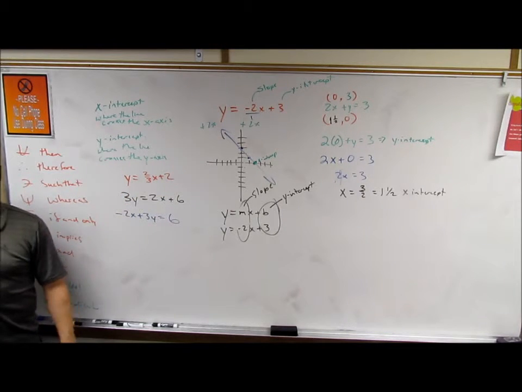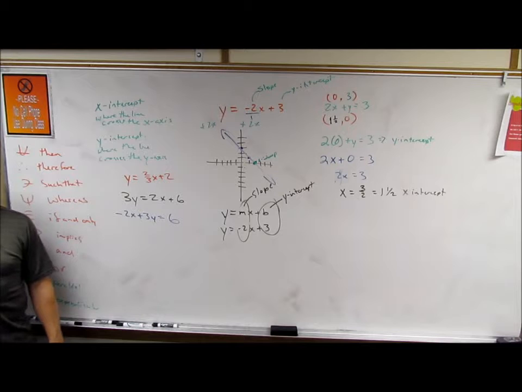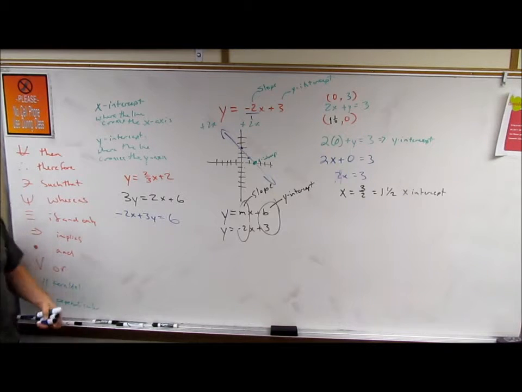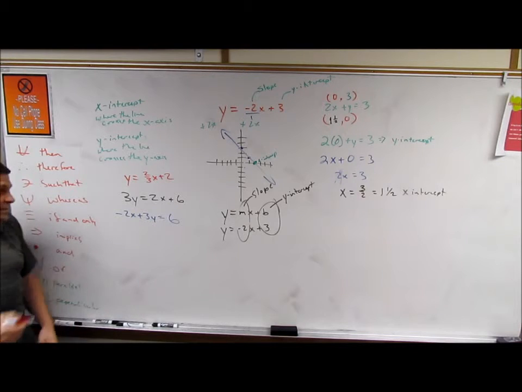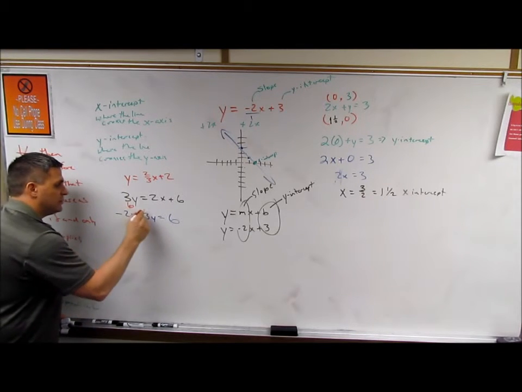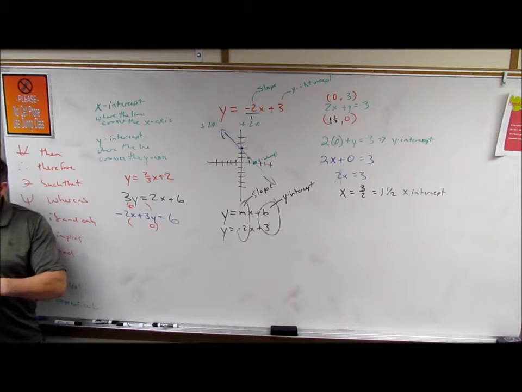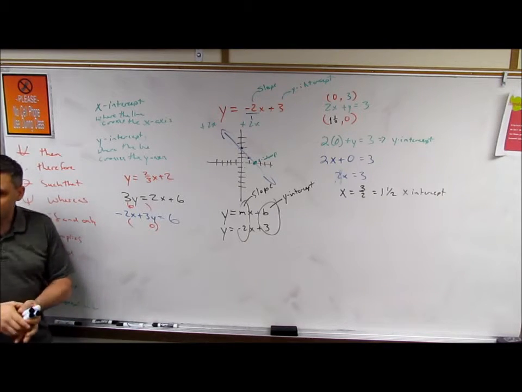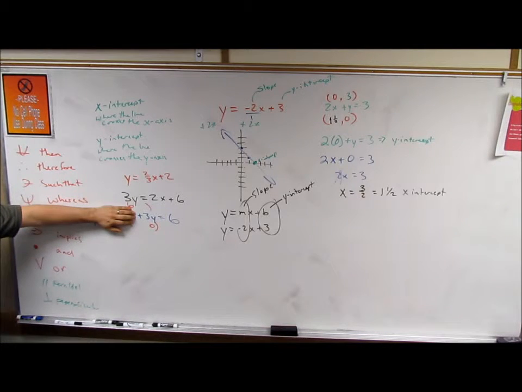But what's the x-intercept? No, that's the slope. See? Now, for this one, if I want to find the x and y intercepts, it's simple. 0, 0. Right? If I plug a 0 in here, bam! What's y equal? 2.